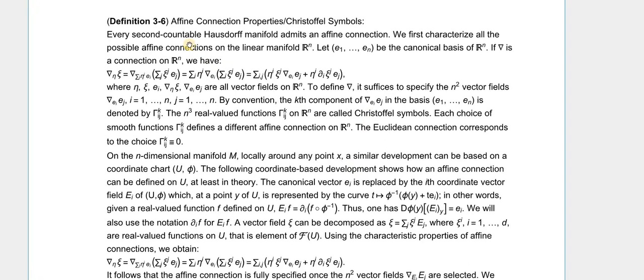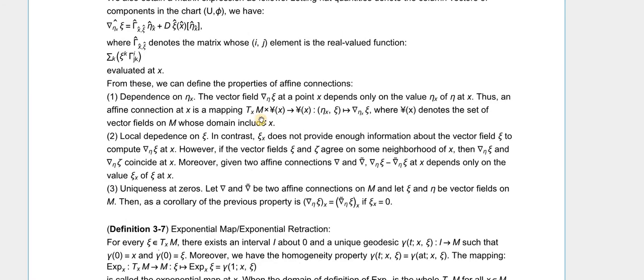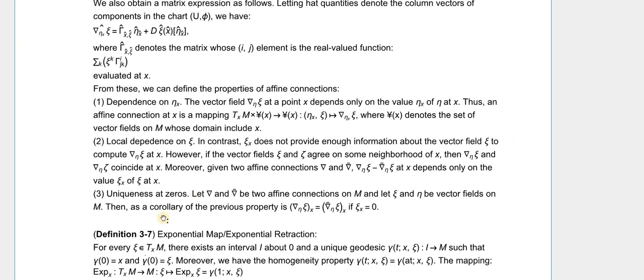So some other properties: Christoffel symbols, and then the affine connection properties that result from it. One in particular is its uniqueness at zeros. This is a really great one, because we're going to be using this to perform our geometric optimization, and once we do, we minimize it and find a convergence.